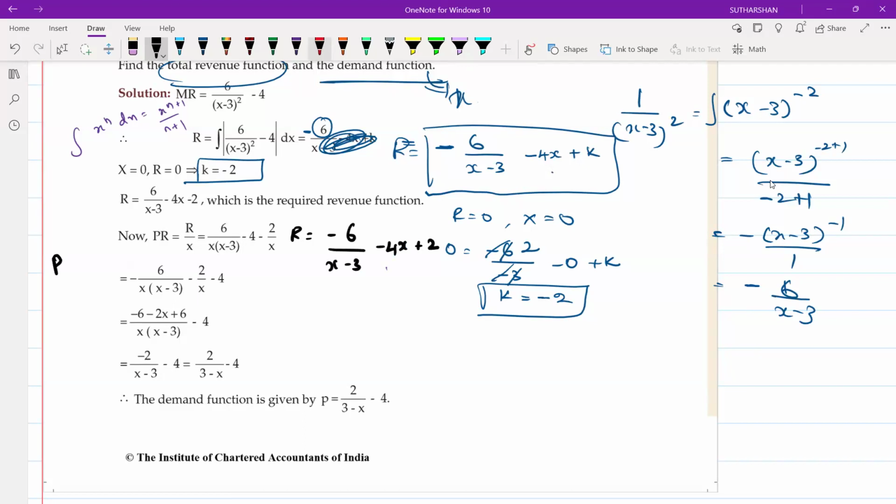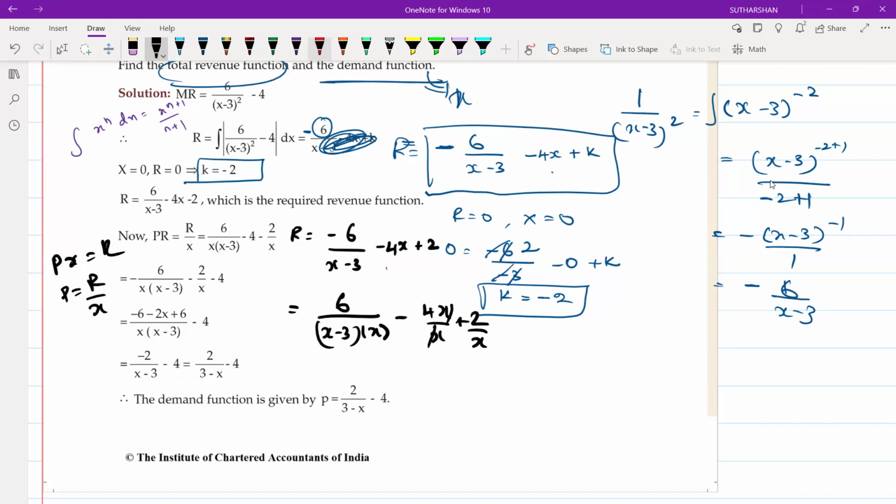So price, I know, P into X is nothing but R. So I need P, and P is nothing but R by X. So I will divide every term by the X value. Then it will become 6 divided by (x minus 3) into x, minus 4x by x, plus 2 by x.